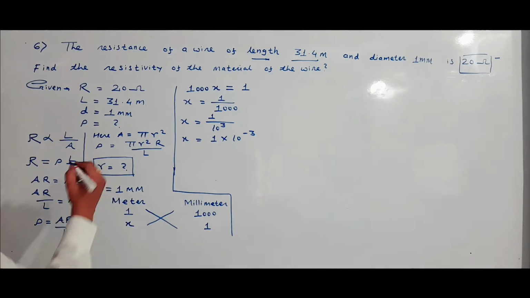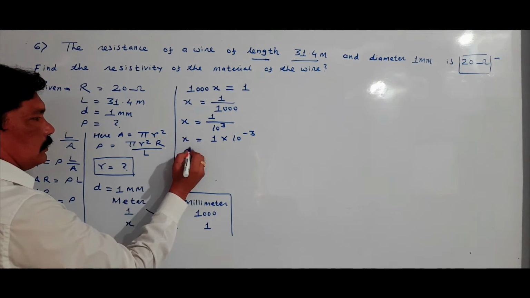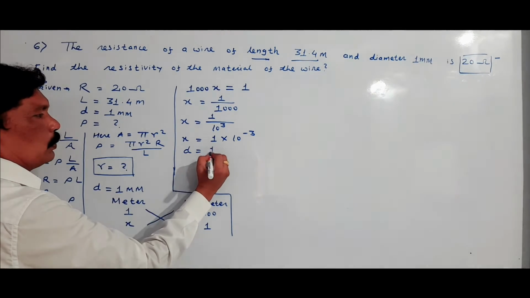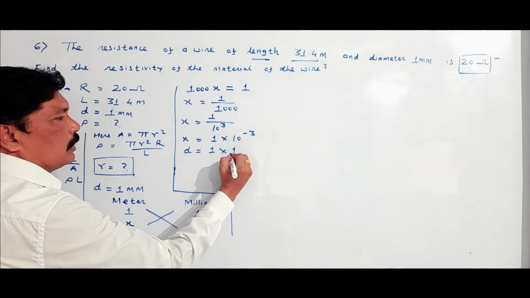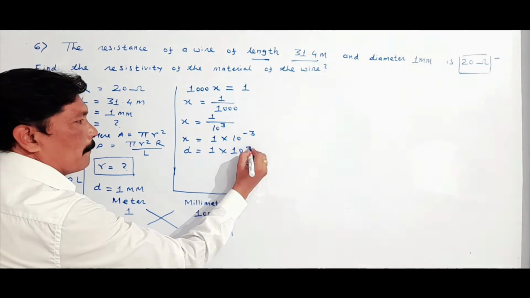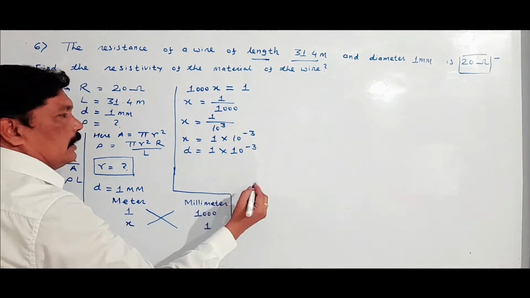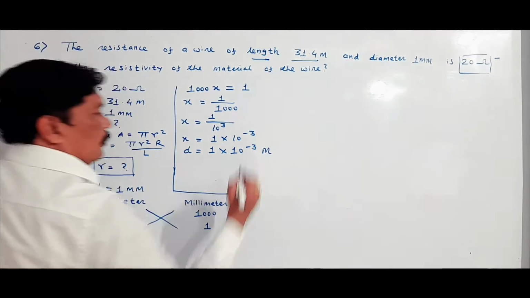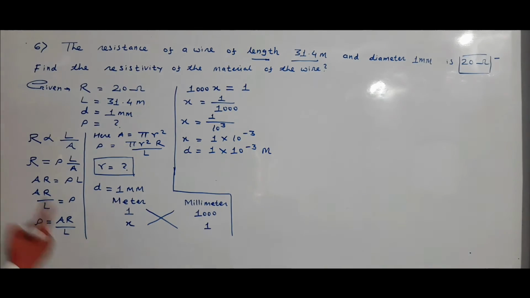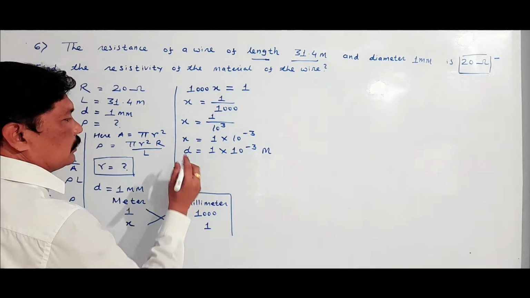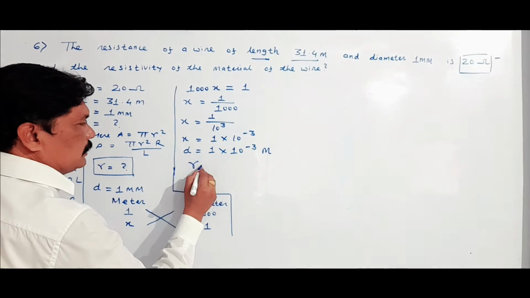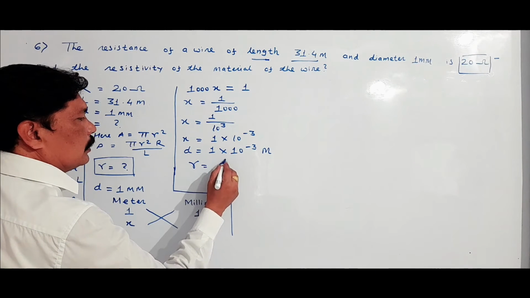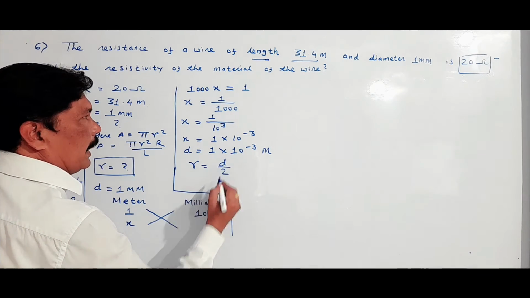But x is what? Diameter. So diameter is equal to 1 into 10 to the power minus 3 meter. But we have to find radius. So radius is equal to diameter divided by 2.